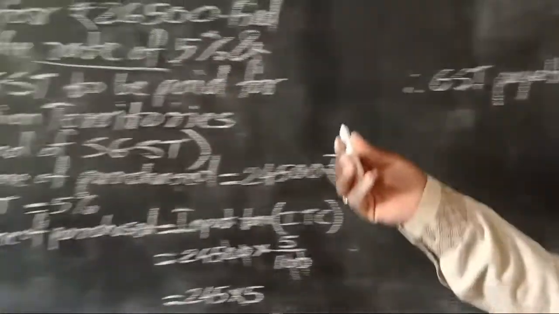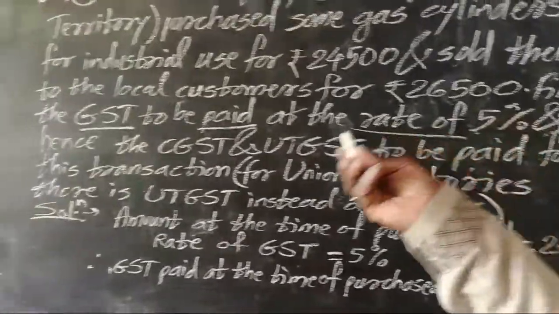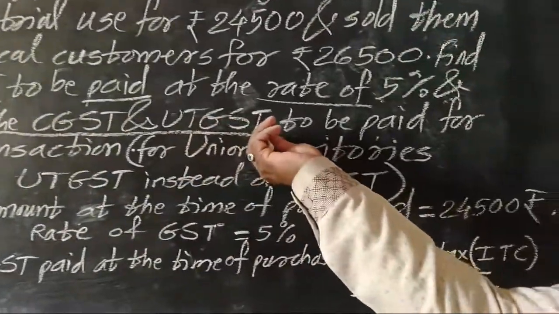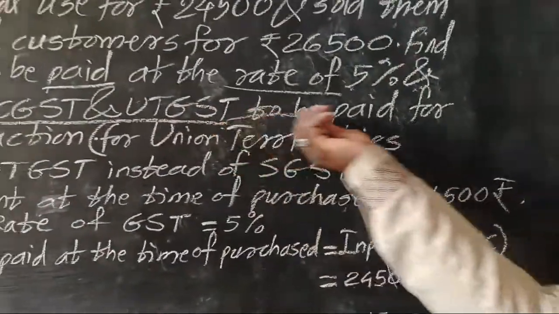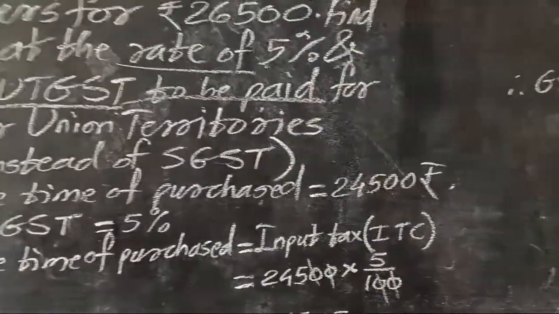Then the second question is, hence find the CGST and UTGST to be paid for this transaction.